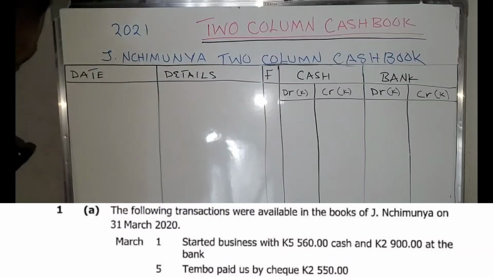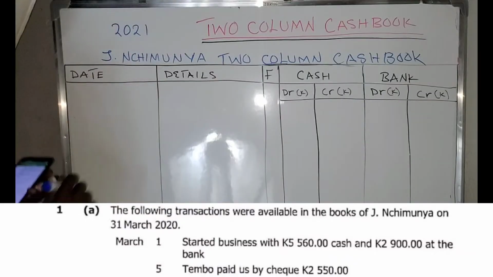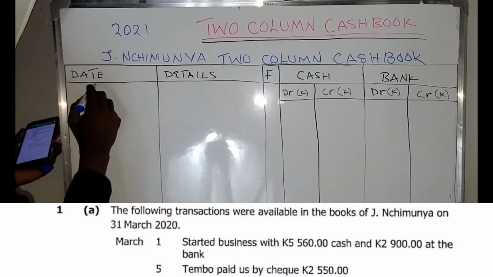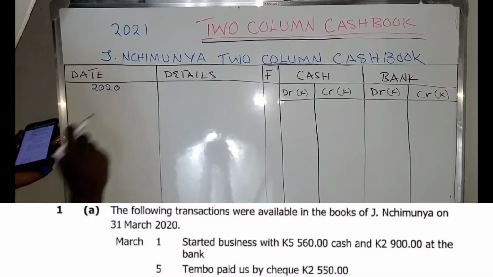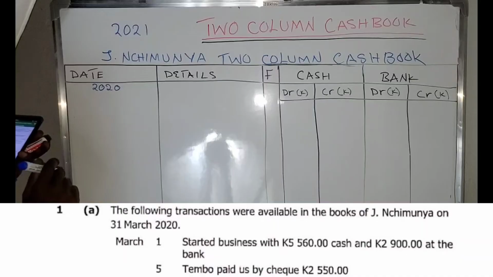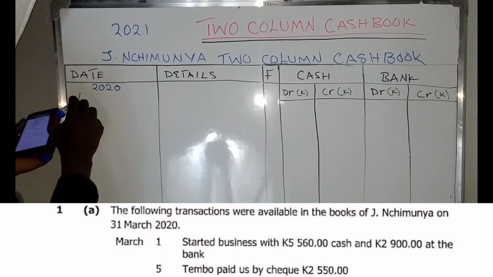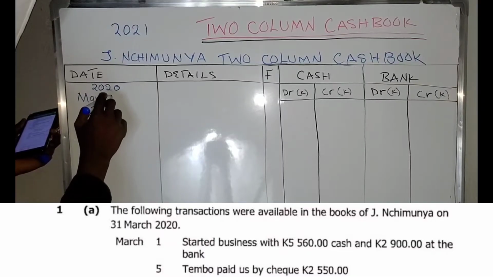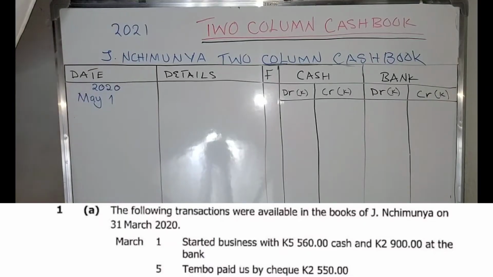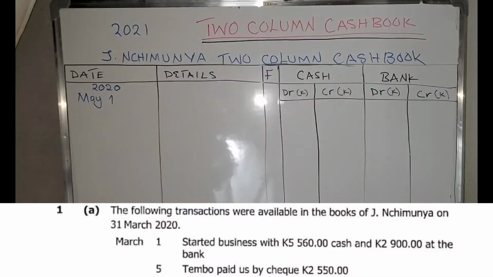Then this took place in 2022. So we're going to start with 2022 here. 2022, the year. Then the month is May. So we're going to write here May 1. The first transaction, of course, took place on May 1.